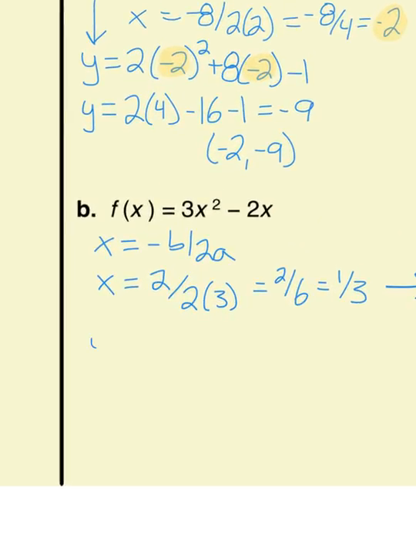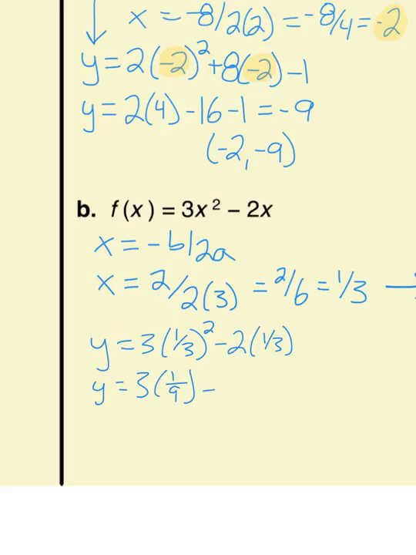Alright, so now I'm going to plug in 1/3 for x and solve for y. So I have 3 times 1/3 squared minus 2 times 1/3. 1/3 squared ends up being 1/3 times 1/3. When we multiply fractions, we multiply straight across, so that's going to be 1/9.